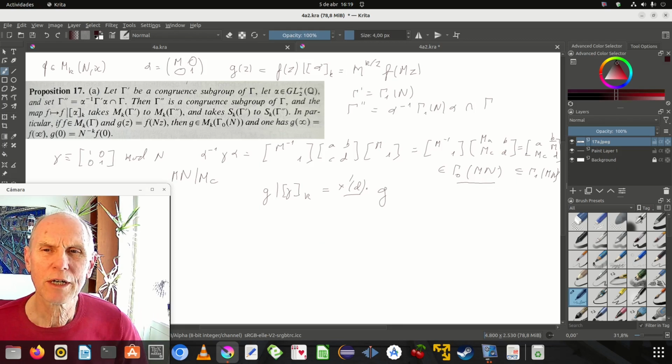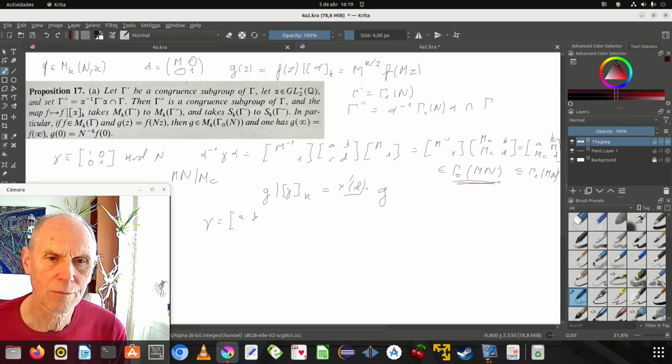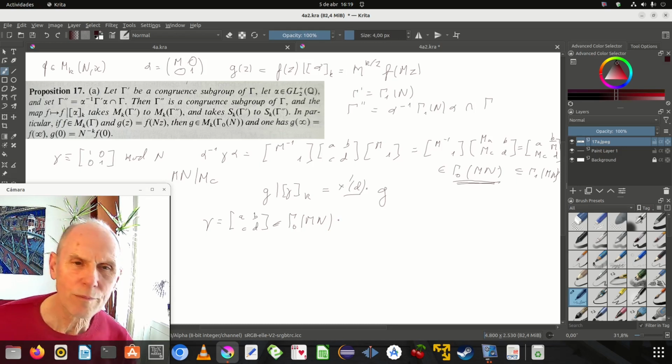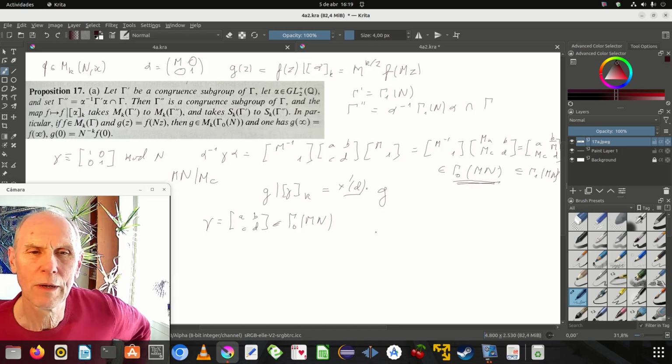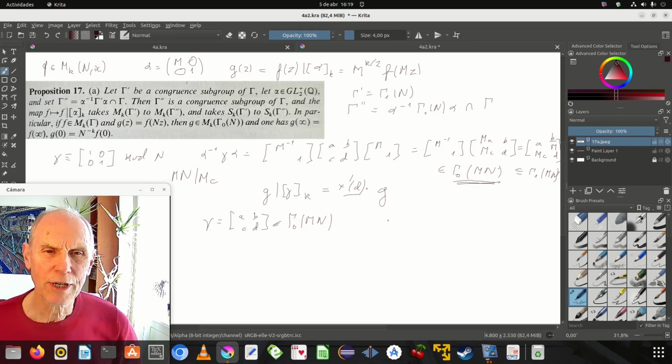But if we take any one, yeah, of course, this lies in gamma naught, but we don't hit all of gamma naught. That's the point. So we need to take any gamma in gamma naught. And then check what happens.